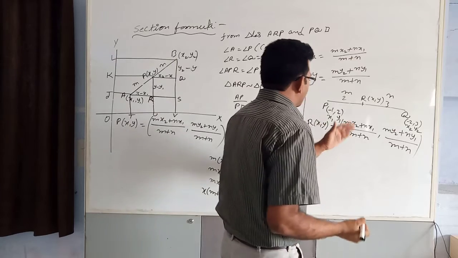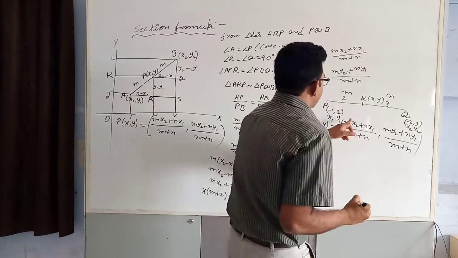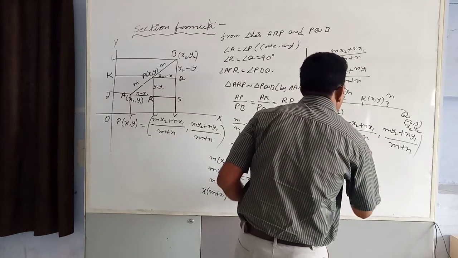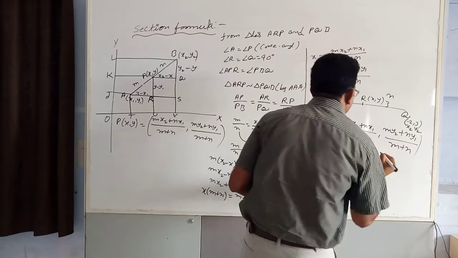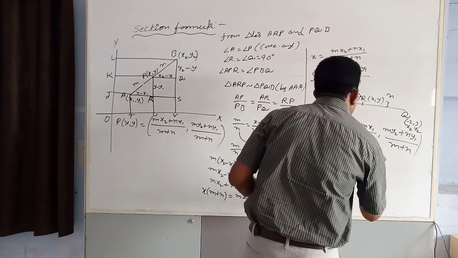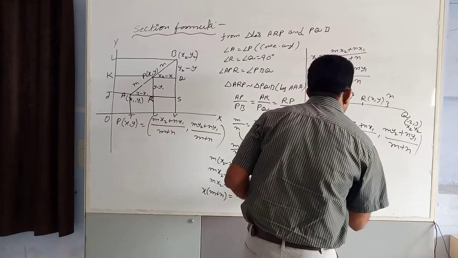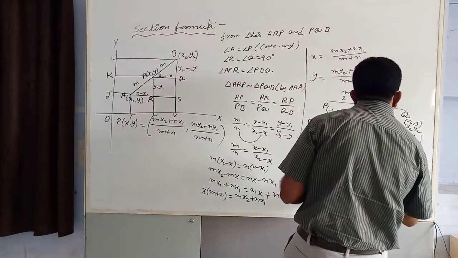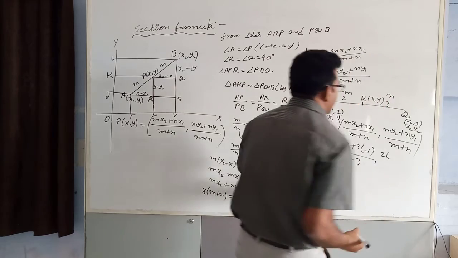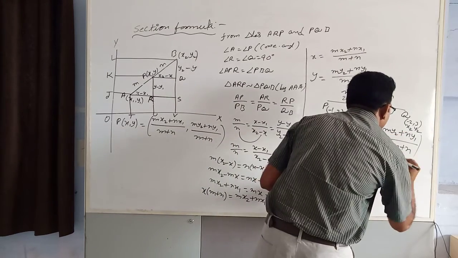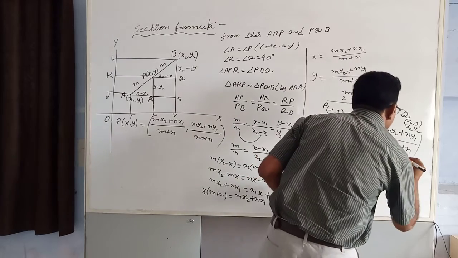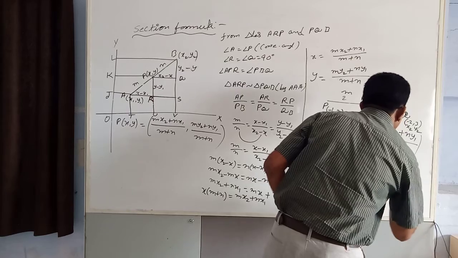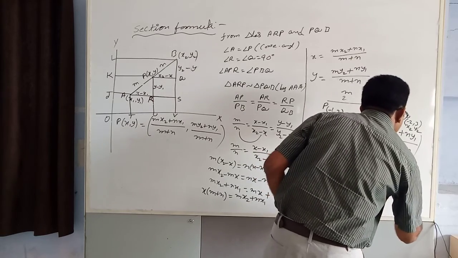So we have to substitute the values. m 2, x2 minus 2 plus n 3, x1 minus 1, by 2 plus 3 comma next m 2 into y2 3 plus n 3, y1 2 by 2 plus 3.